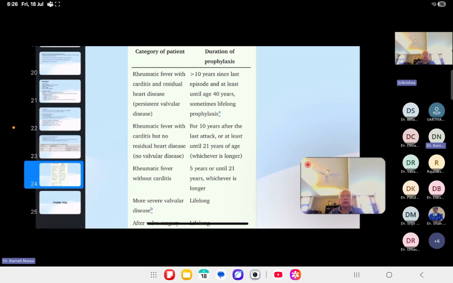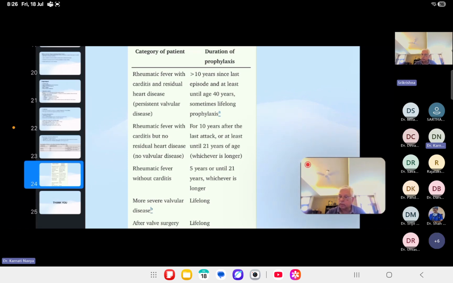Yes, sir. Until the age of 40 years, or 10 years following the last attack, whichever is later. So if you get 10 years at 30 years, you will still continue it to 40 years. That used to be the standard teaching. But there are some units which continue, especially after surgery, the prophylaxis lifelong.